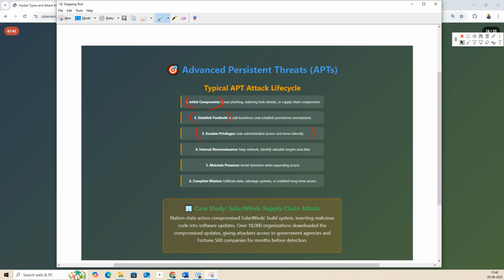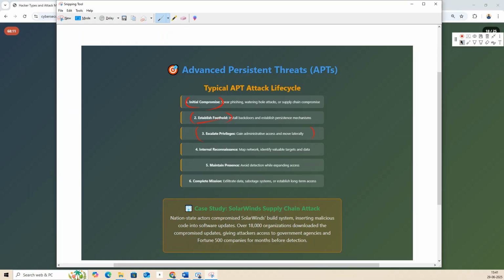Then escalate privileges. Sorry, that was about establishing a foothold.